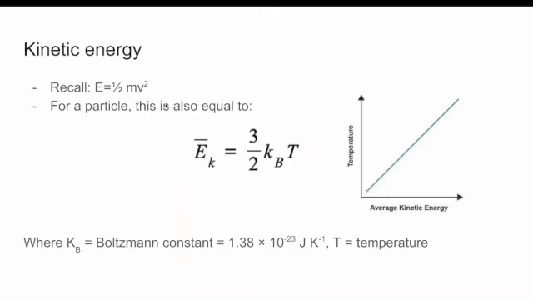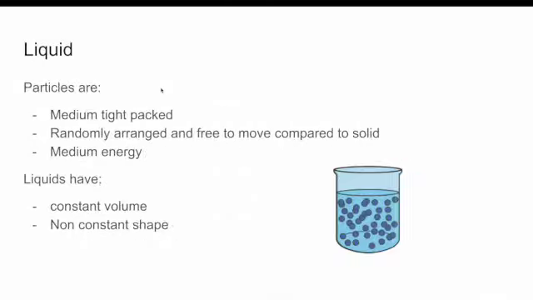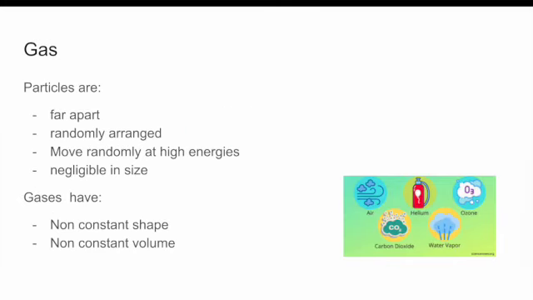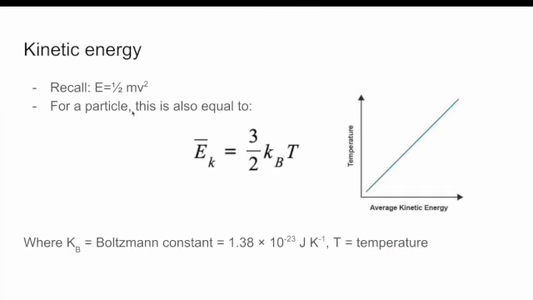So now we look at kinetic energy. This is going back again to topic A, where we recall that kinetic energy is 1/2 mv squared. Now we know that for a particle, like something in a gas or a liquid or a solid, usually a gas because this is the ideal gas law, as we will call it later, this is equal to 3/2 times the Boltzmann constant times temperature.